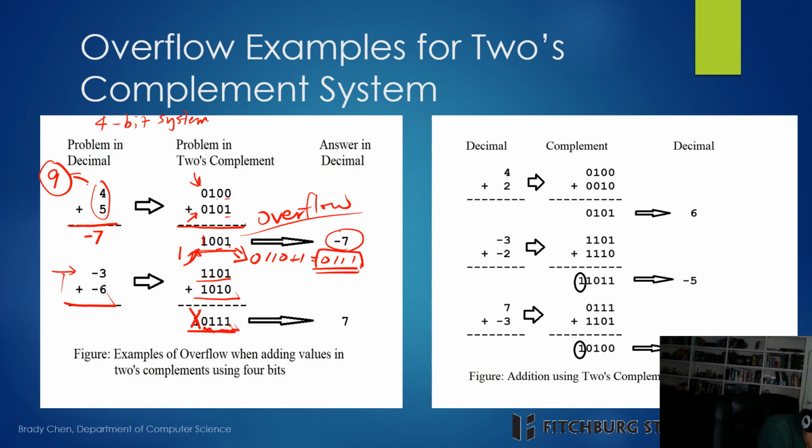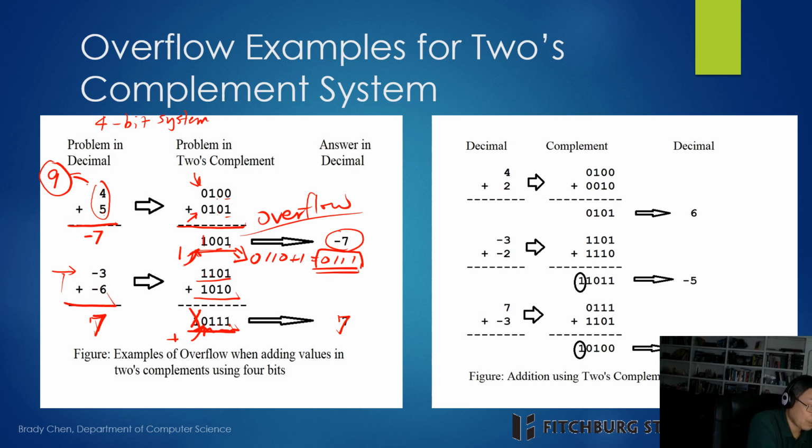What is 0, 1, 1, 1? You look at the most significant bit, it's 0, so it's a positive number, right? And then we convert into the actual number, it gives you 7. So -3 plus -6, which is actually -3 minus 6, that's -9. But the 4-bit system gave you the wrong answer, which is 7.